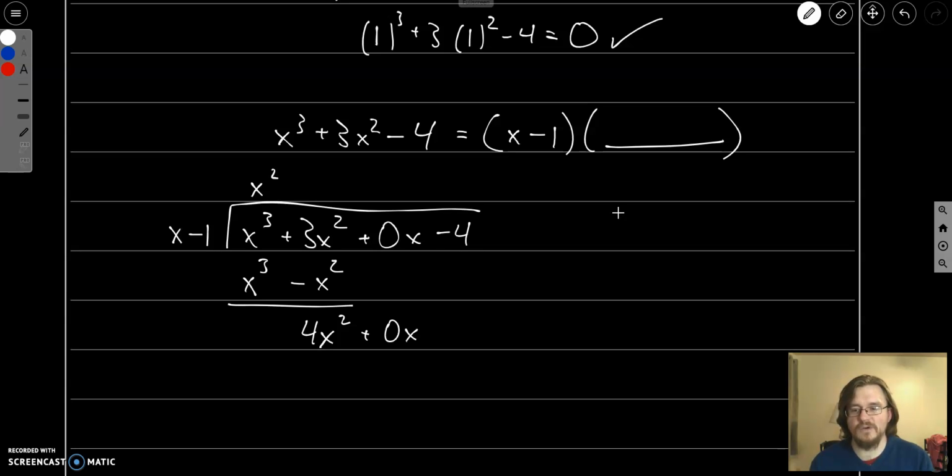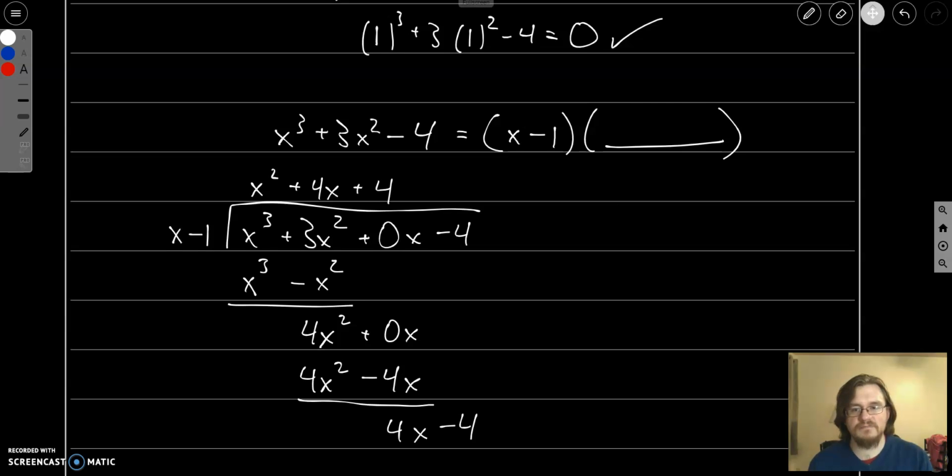So x goes into 4x squared 4x times. So 4x times x will be 4x squared. 4x times -1 is negative 4x. And now I have 0x minus a negative 4x. So when I subtract a negative number, it's just like adding, and I'll have 4x minus 4, and x minus 1 goes into this exactly 4 times.